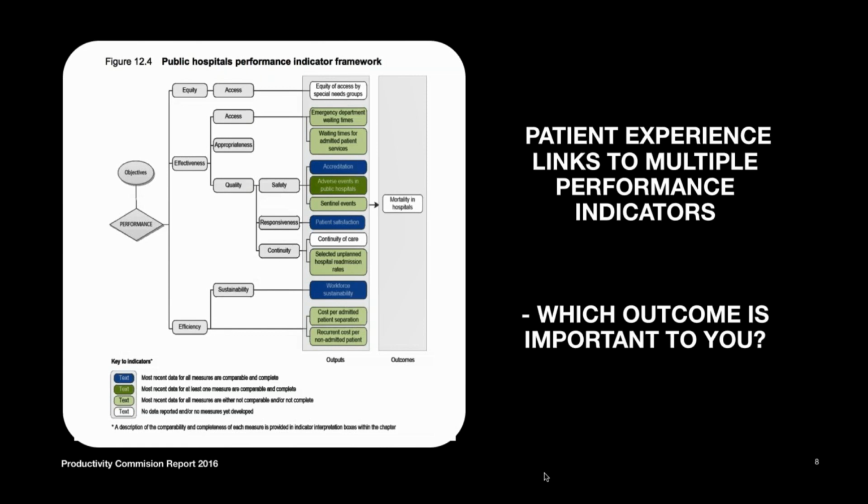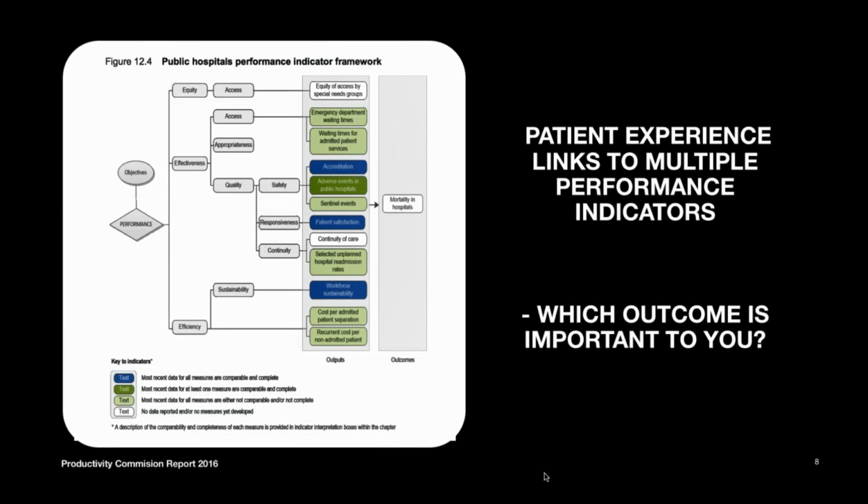Now, public hospitals, I'll give you an example here. This is a report from the Productivity Commission on all the different outcomes that public hospitals are measuring in Australia alone. You can see patient satisfaction is one of the outcomes, but it doesn't specify a specific measure. Then you have your other safety and quality performance metrics, and some of these are linked to patient experience.